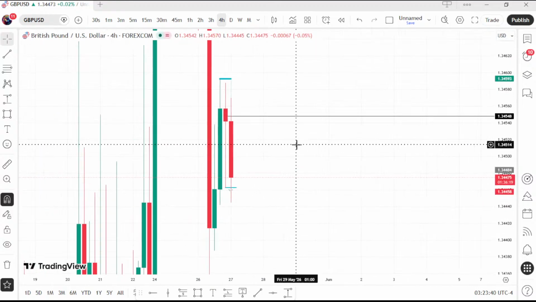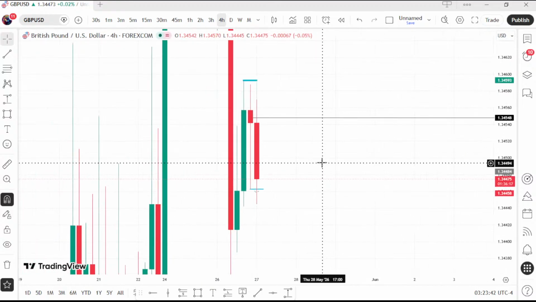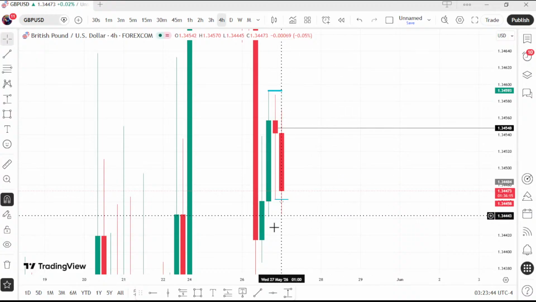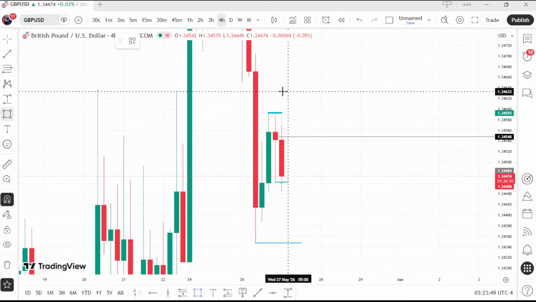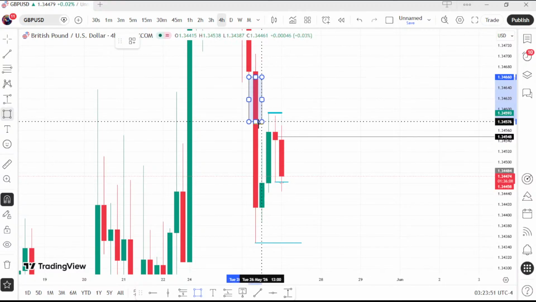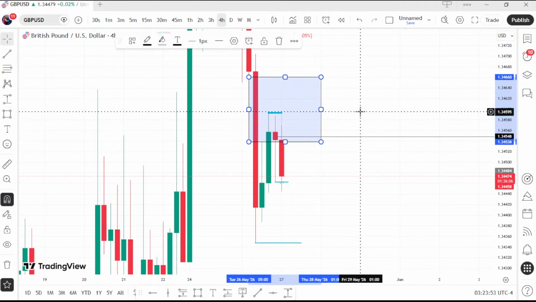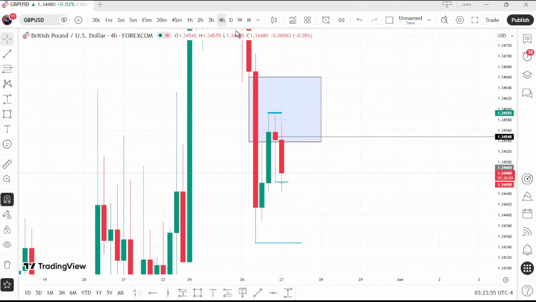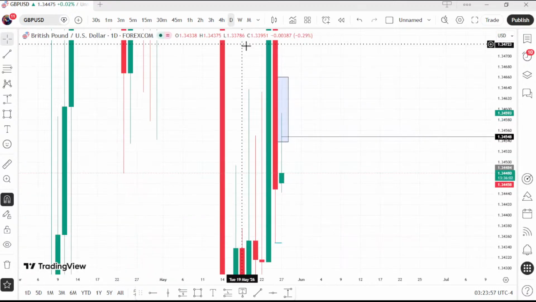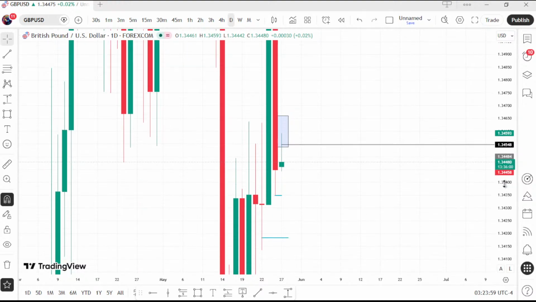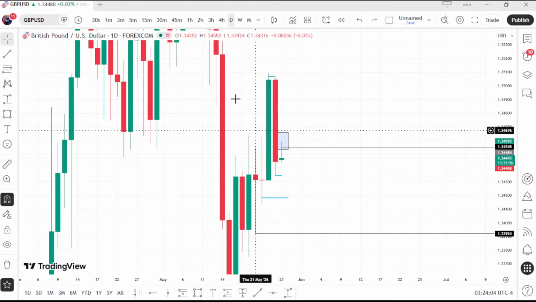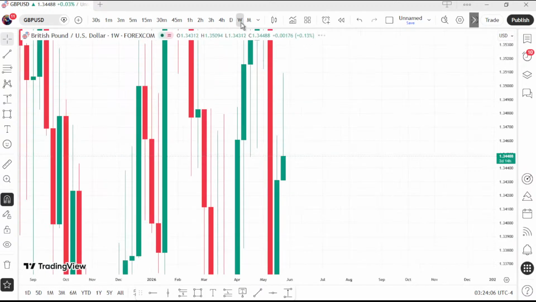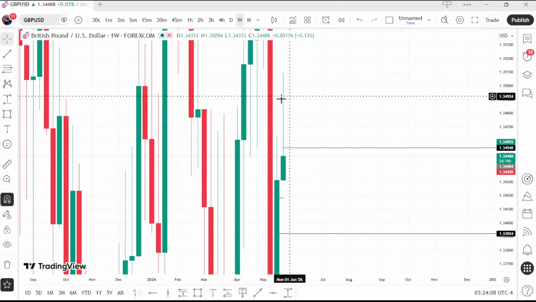A sell-off from our previous analysis, the first analysis that we had. Price was inside that fair value gap in the 4-hour, wanting to go to these previous days low, and also in the weekly.